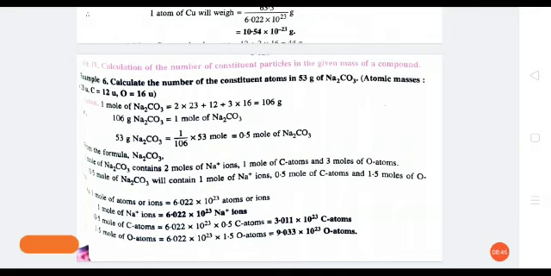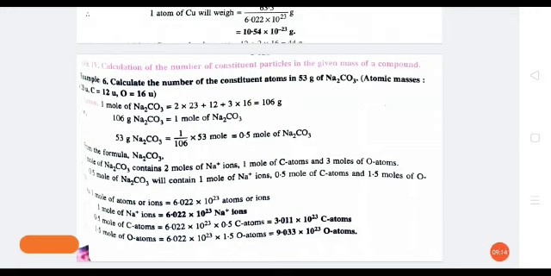So 106 gram Na2CO3 is equal to 1 mole of Na2CO3. So as per question, we have to find out for 53 gram of Na2CO3. So 1 upon 106 multiplied by 53, we will get 0.5 mole of Na2CO3.